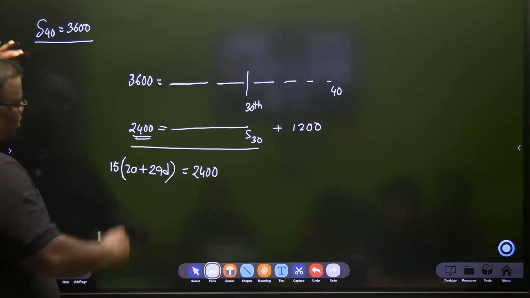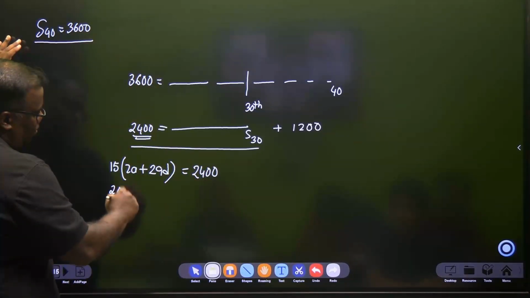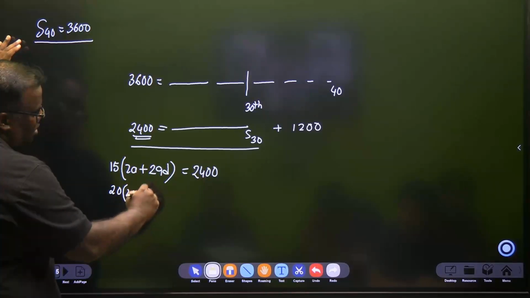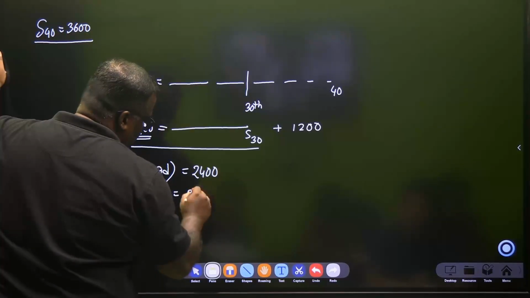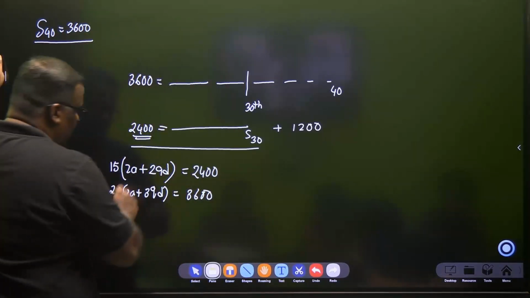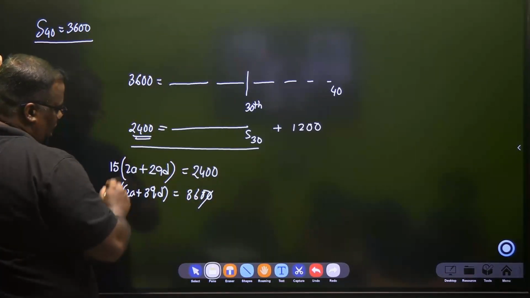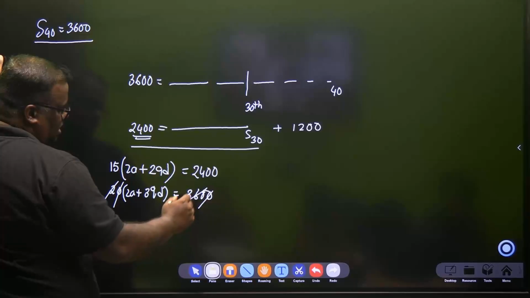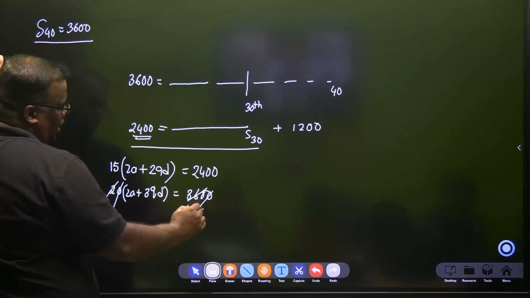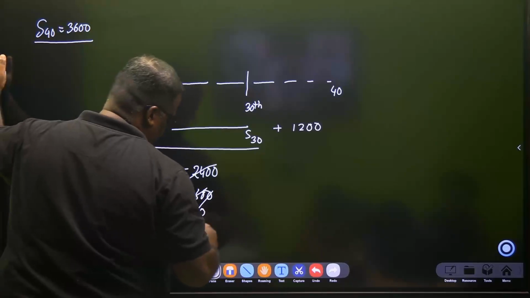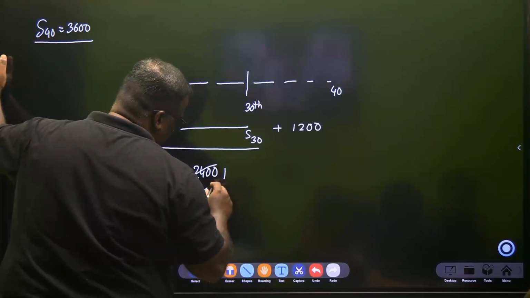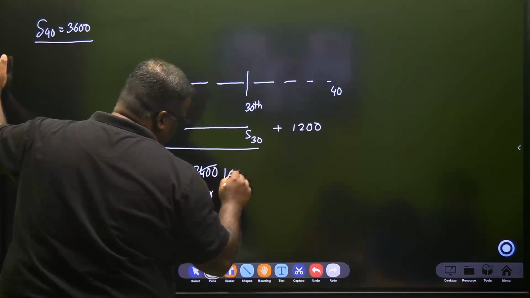And from here you can make out 20 into 2A plus 39D is equal to 3600. Cancel, and then 2 cancels this, 360 becomes 180, and 15 cancels this: 15 ones are 15, 15 sixes are 90, so 160.